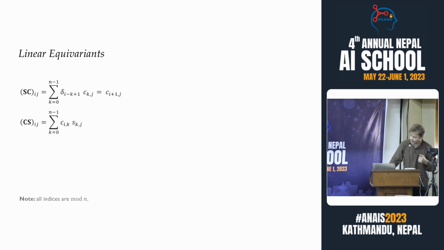Now you can do the same game with CS. Okay, and what you get is you have another parameter, but now you can see that the indices of these parameters are different, right? And so if you compare what parameter this is, you try to make these two parameters equal, which is what we want, right? We want this to commute. We want this equality. SC should be equal to CS.